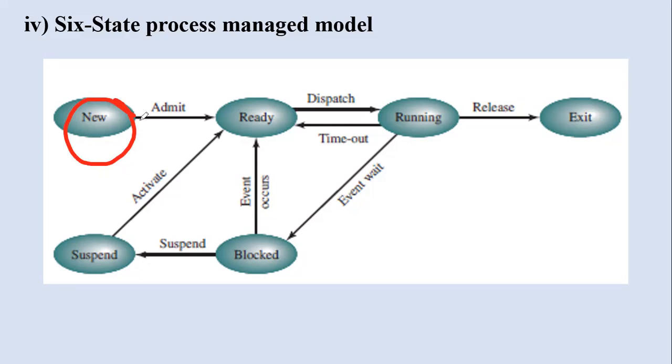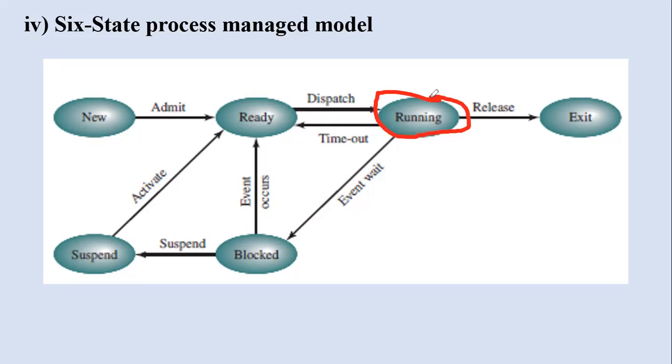Once it has what it requires to be executed, it joins the ready state. It joins other processes in the main memory that are waiting for their turn to be executed. Once the turn for the process arrives, it is dispatched by the dispatcher to the central processing unit or CPU, where it enters into the running state.